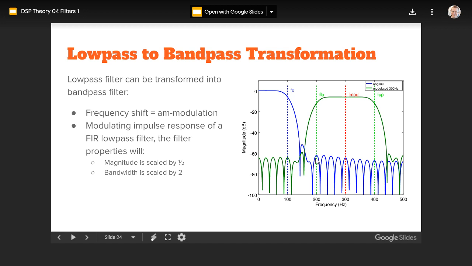Same thing in linear systems, impulse response. The spectrum of the impulse response is the amplitude spectrum of the system. If you modulate the impulse response with the carrier frequency, you are transforming this low pass filter into a band pass filter. So a low pass with the half bandwidth of that FC would be then transformed into a band pass filter.